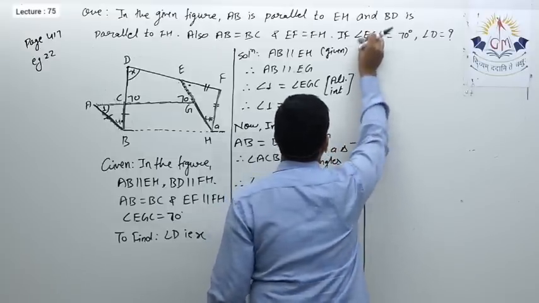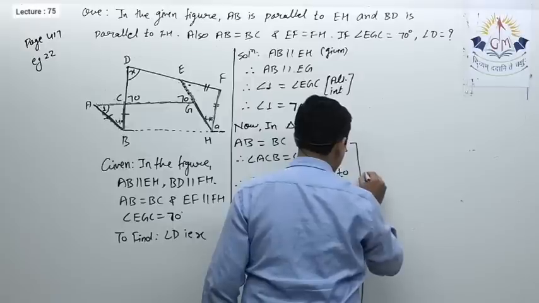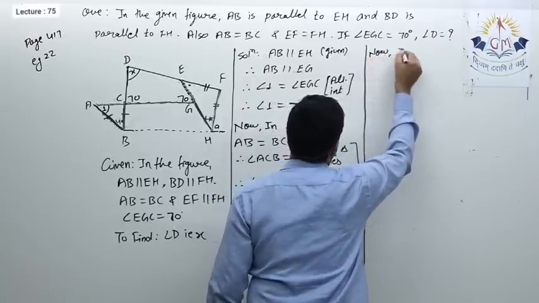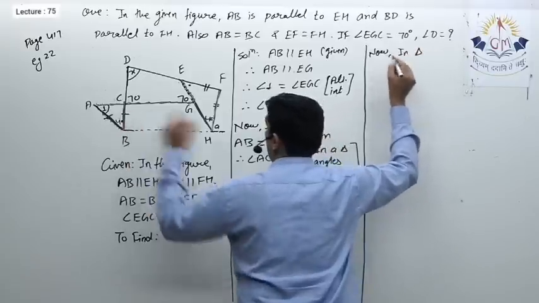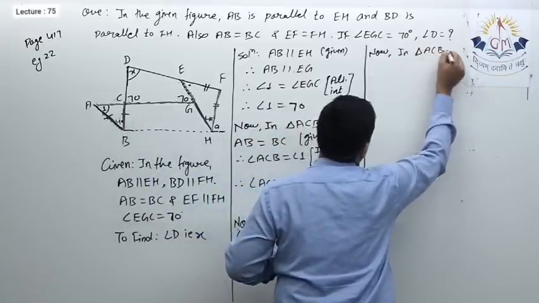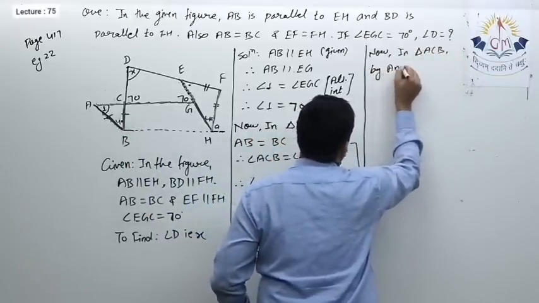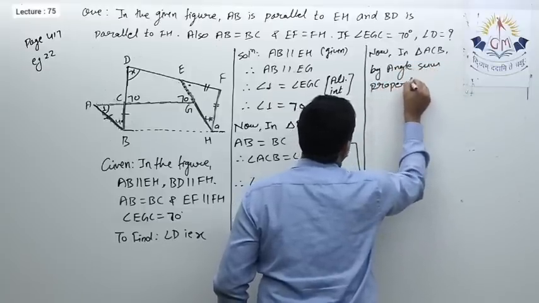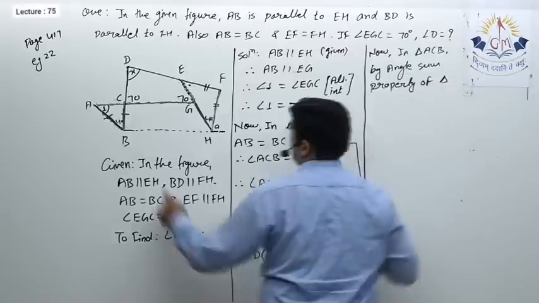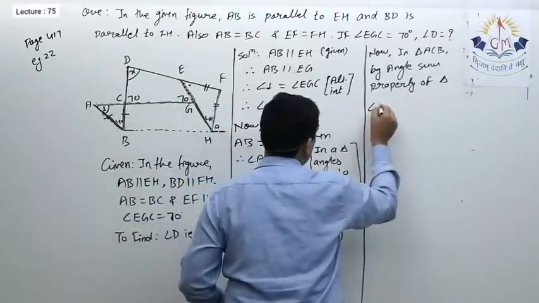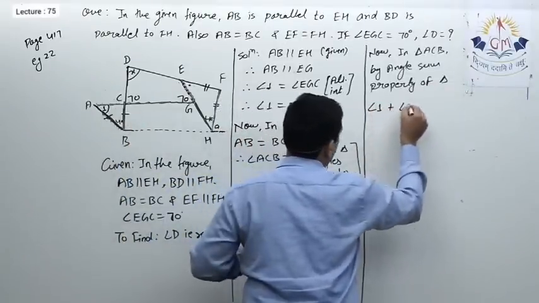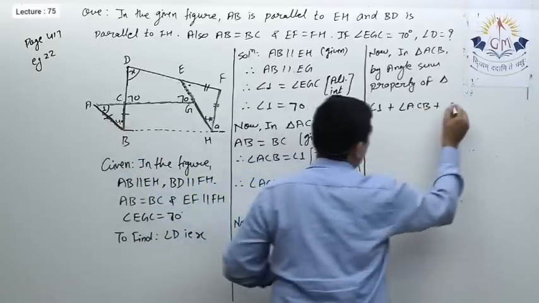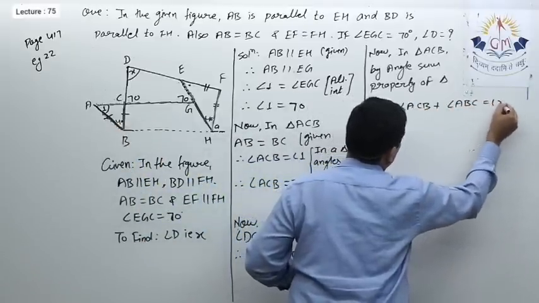Okay, now if I come to the triangle, in triangle ACB, by angle sum property of triangle, angle 1 plus angle ACB plus angle ABC is equal to 180 degree.